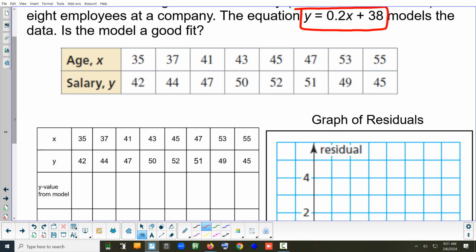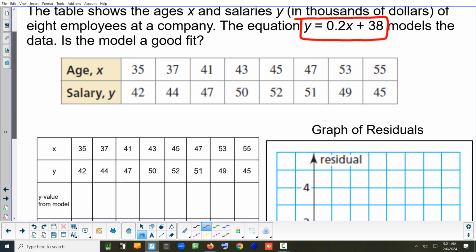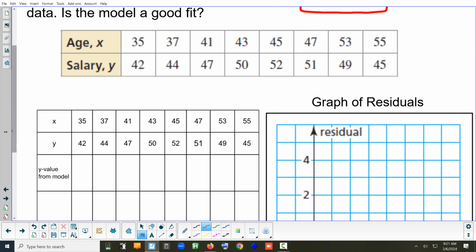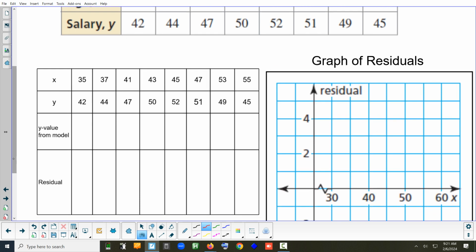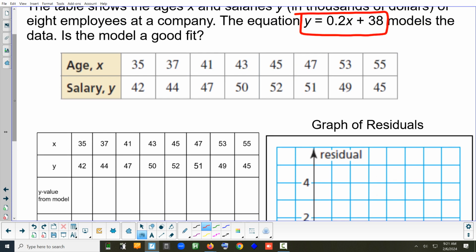So if you get 50.2, just call it 50. If you get 39.9, call it 40. So find out what the model predicts the data to come out to, and then see if you can find all the residuals. And then we'll see if this is a good model for the data. But let me get the calculators.